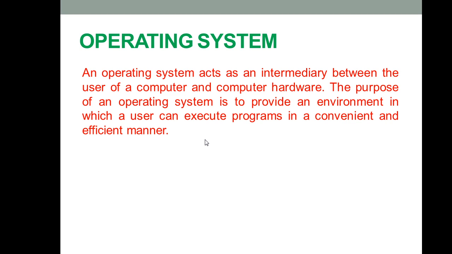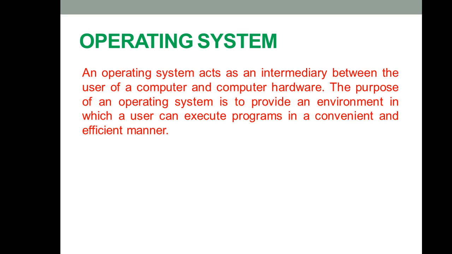For example, you want to play a game on a computer system. For that purpose, what do you have to do? First of all, you have to start your computer system. To get your computer system ready, the operating system will work in the background.